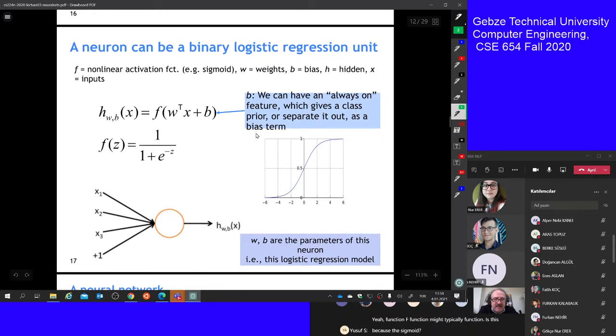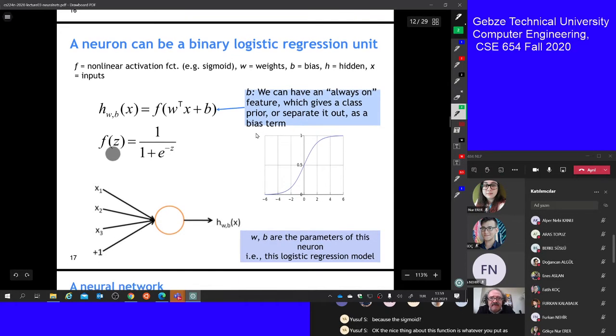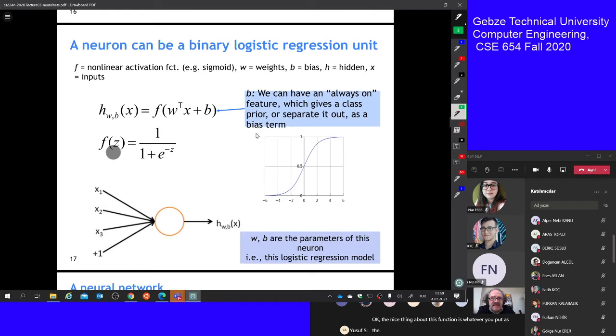The nice thing about this function is whatever you put as Z, it will map it between 0 and 1. I mean, even if Z is 0 or minus infinity or positive infinity, doesn't matter. Whatever you put, your results will be between 0 and 1.